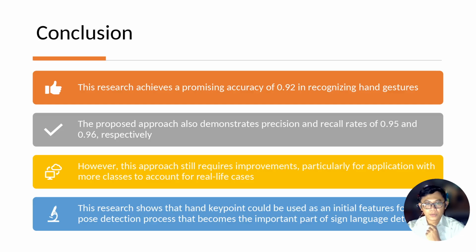However, this approach still requires improvement, particularly for applications with more classes to account for real-life cases. This research showed that hand key points can be used as initial features for the hand pose detection process, which is an important part of sign language detection.